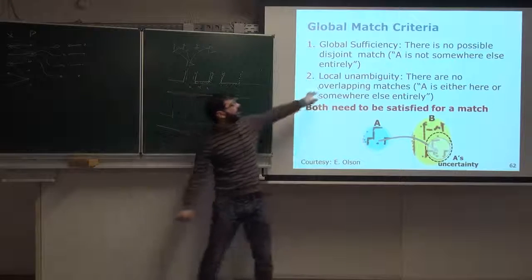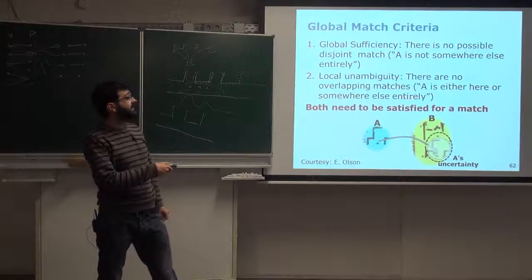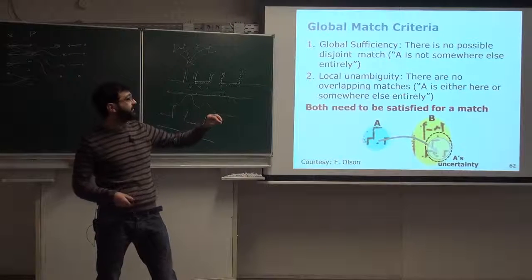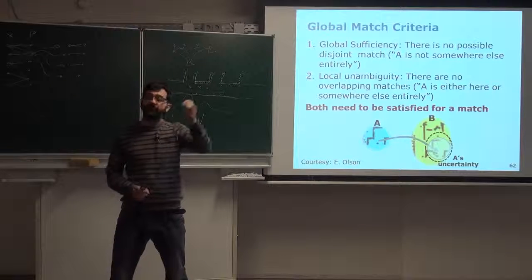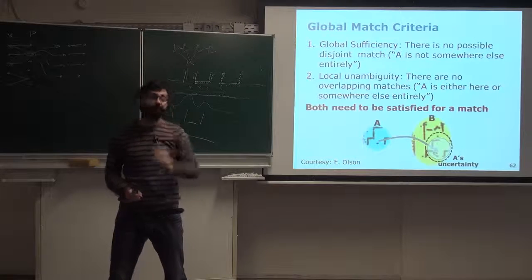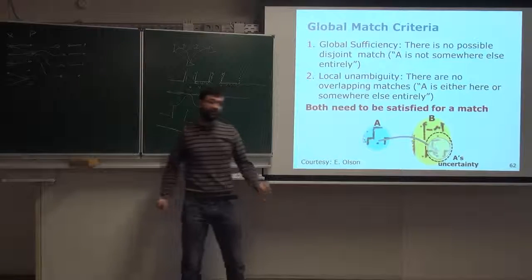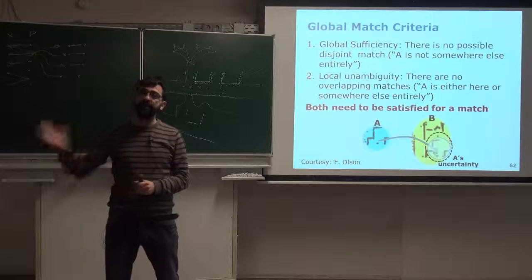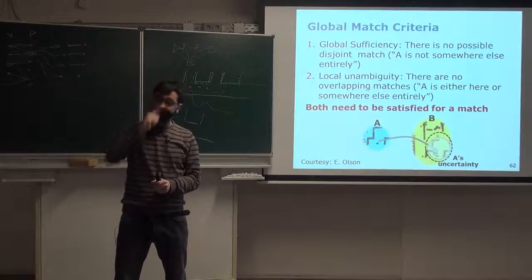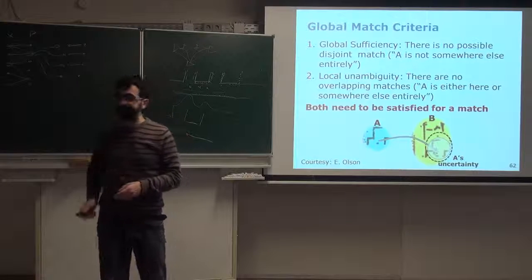And also locally unambiguous, so that there are no overlapping matches. Either A is there or completely somewhere else. So it cannot be that I have possible local matches. If both are satisfied, then we can say this is a good match, I'm happy with that, I keep it, and I put it into my graph structure to be then optimized by the backend.